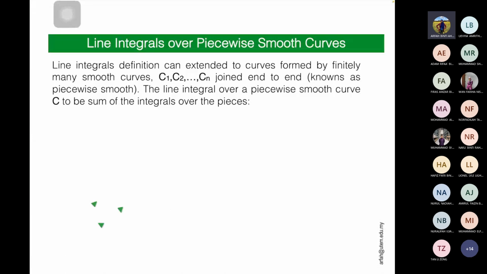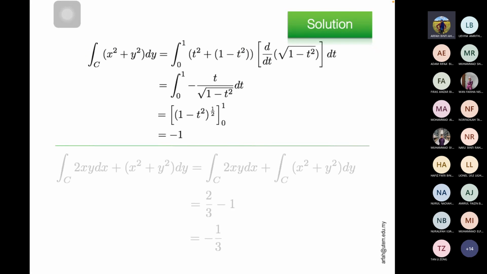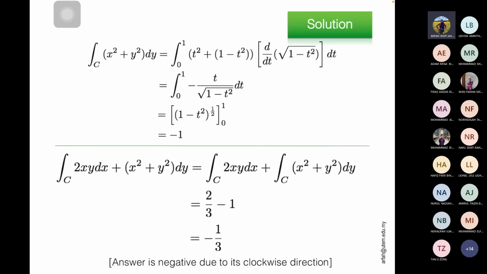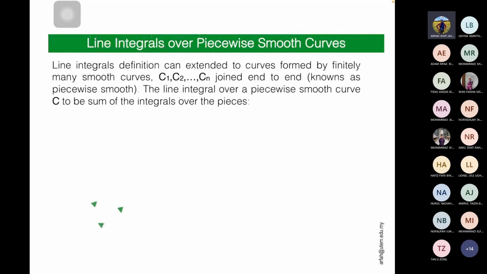Okay, so line integral, dah previously kita tengok integration over the curve, satu curve C. Okay, what if you have the piecewise smooth curve? Okay, so line integral definition can extend it to curve formed by finitely many smooth curves. That is, you are having curve 1, curve 2 up until curve n that's join end to end, and this is known as the piecewise smooth.